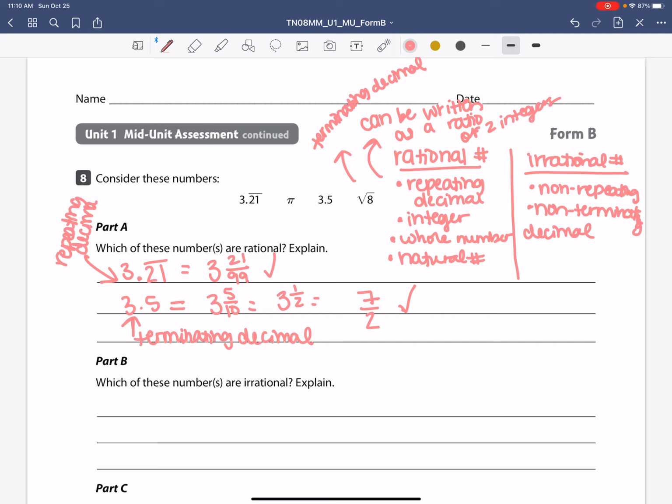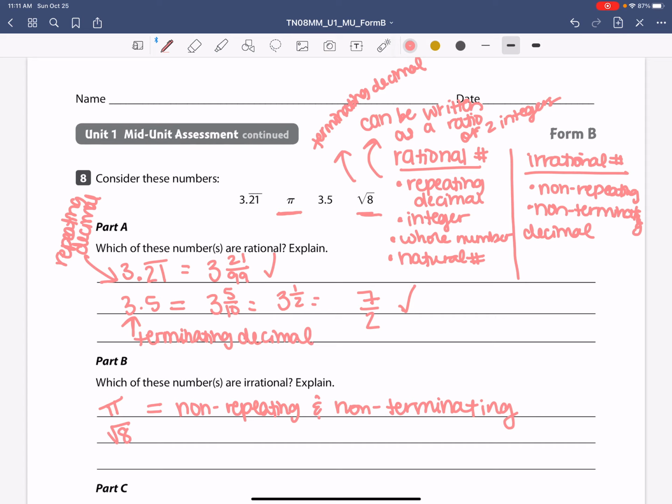The ones that are irrational are, of course, pi and the square root of 8. Pi is irrational because it's non-repeating and non-terminating. It just keeps going on forever and ever with no pattern.